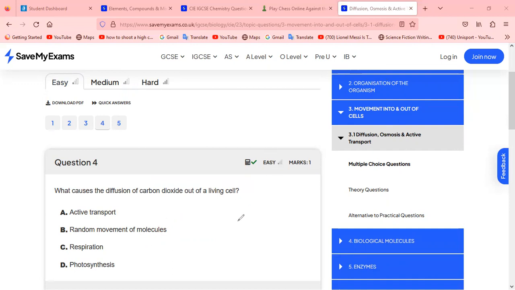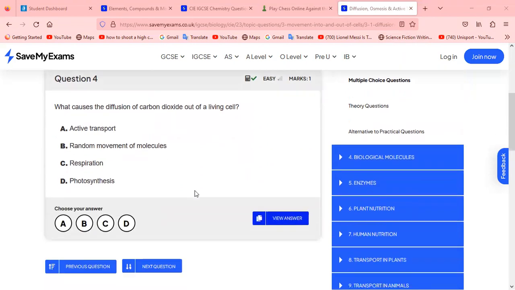But since there are random movements, like in a gas, like CO2, then diffusion can take place. So the correct answer is B.